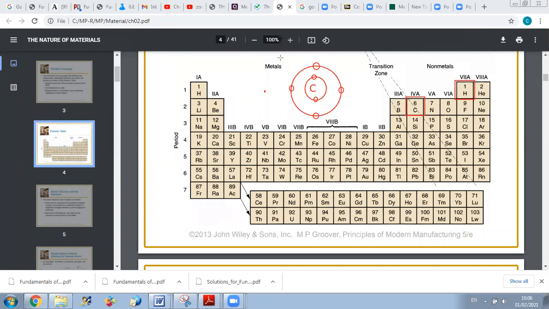If I want to draw the structure, this is the atom H. This is the first orbit, and it will just have 1 electron on this orbit. This is called the planetary model. The planetary model shows how the electrons are dispersed on the orbits. So this is the planetary representation.